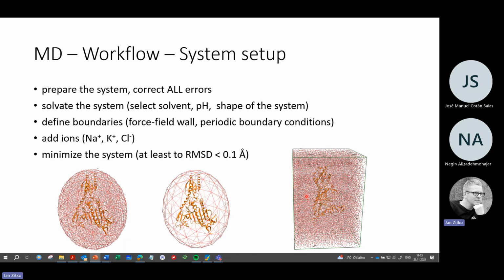Of course, if we use the periodic boundary conditions, which I talked about before, you would have to use this rectangular shape, or in some software you can also use orthogonal shapes, but definitely not spheres, because you need to replicate this along the axis. All right, so we have the ligand, we have the protein, we have the molecules of solvent. This time we are using the explicit solvent model.